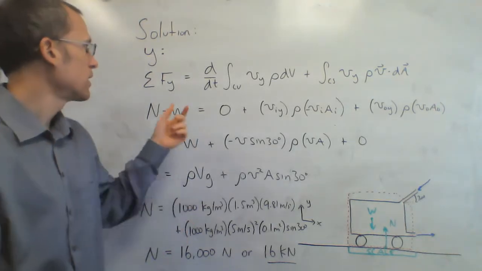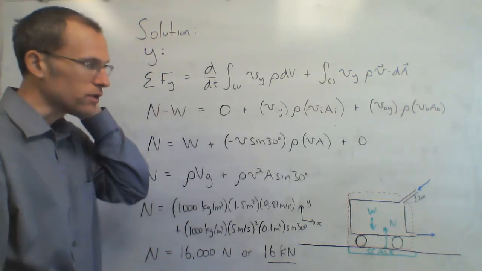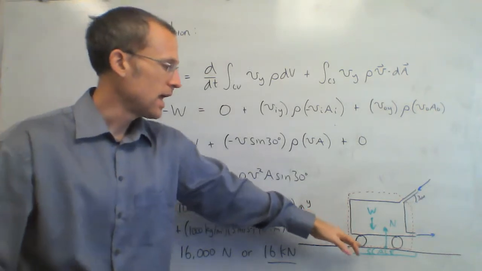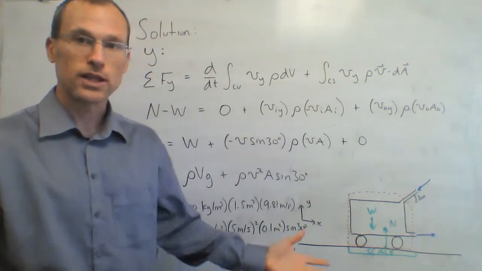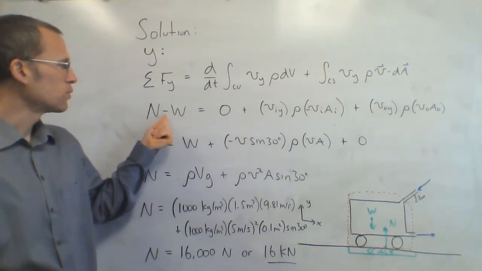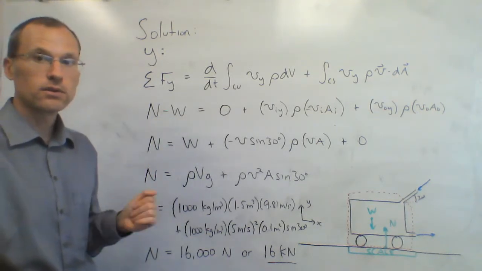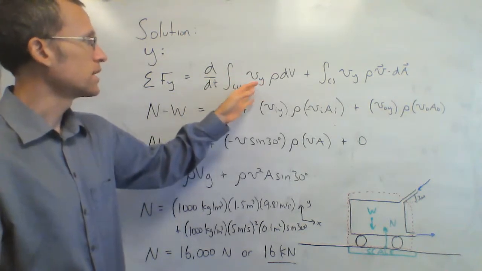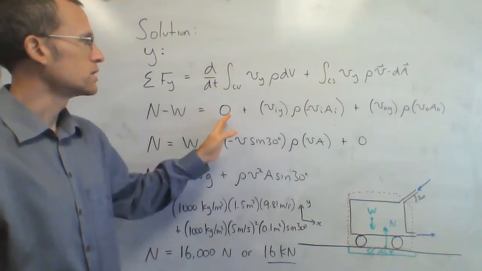So in this case, all my forces that I have in my y direction, there's the weight, essentially the water inside the cart pulling down, and then this normal force from the scale pushing up, so that's what we're solving for. So normal force N, positive, upwards, minus weight, W, going down, so negative. Then again, I have this integral, nothing in here changes, so that integral goes to 0.